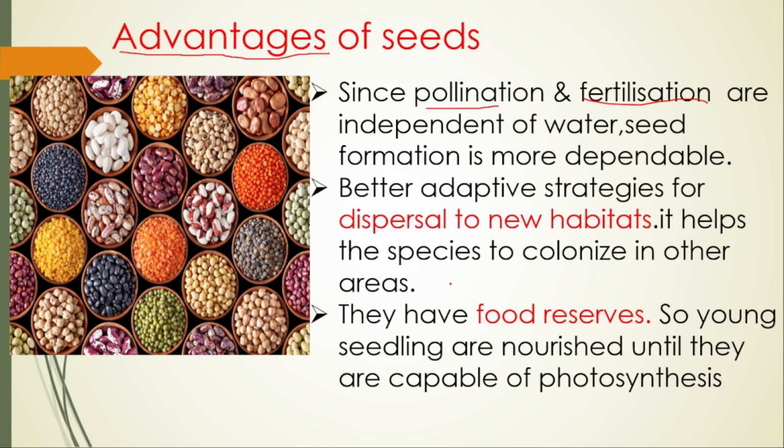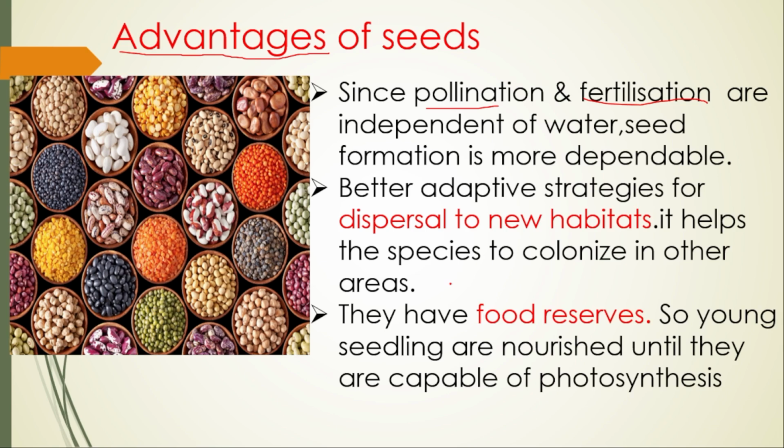What does it mean? See here, as pollination and fertilization are independent of water, seed formation is more dependable for adaptive strategies. Just imagine when you eat a mango, you eat all the fruit, but you will be left with the seed.